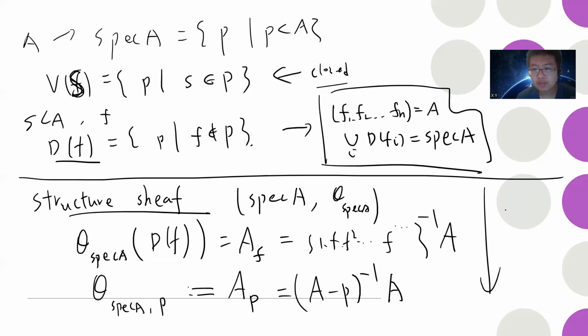In the third video I will show that this really forms a structure sheaf by proving it satisfies the sheaf axioms. So all these are the ingredients of the affine scheme.